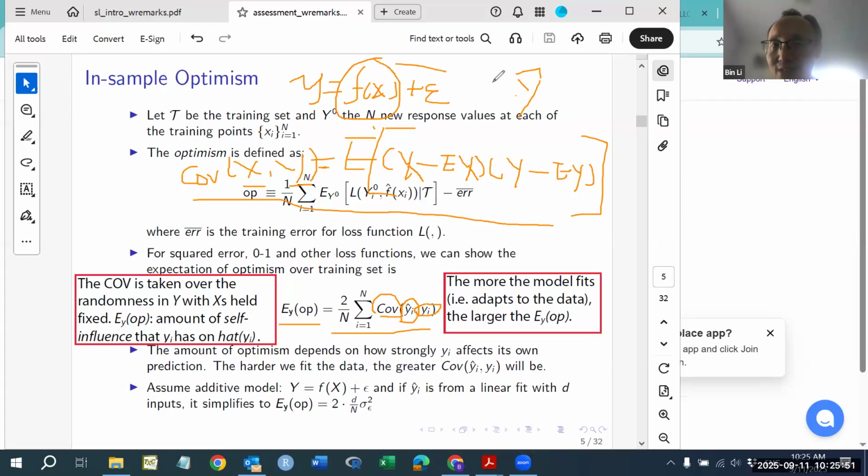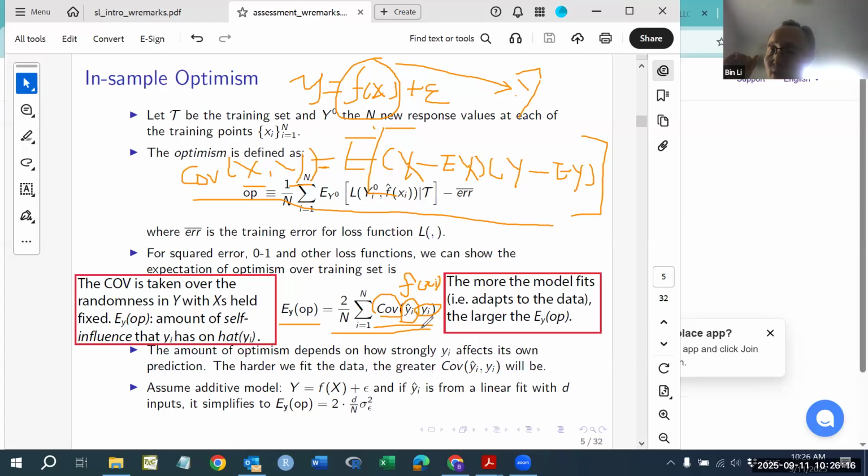Remember? That's the goal. We want yi hat to estimate f. Let's say in the ideal case, yi hat equals f(xi). Then what is the covariance? The covariance is 0. And you may be shocked, but it's not.